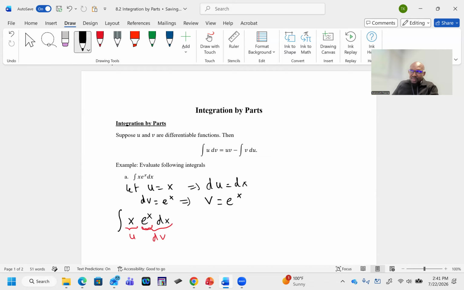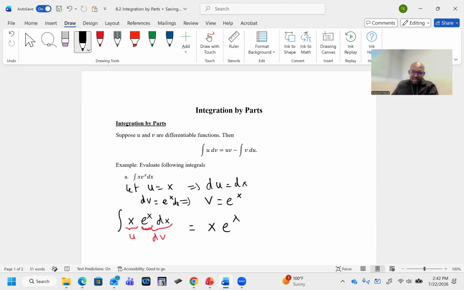Sorry, I have to put dx right here, okay? So that is why I will write this one as, this one would be what? We said it would be u times v, so my u is x, so x times v, v is e to the power of x.